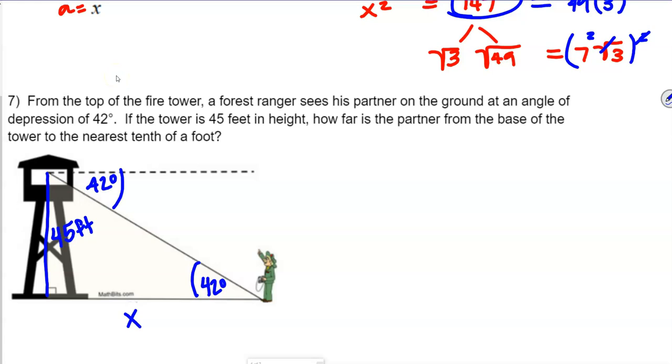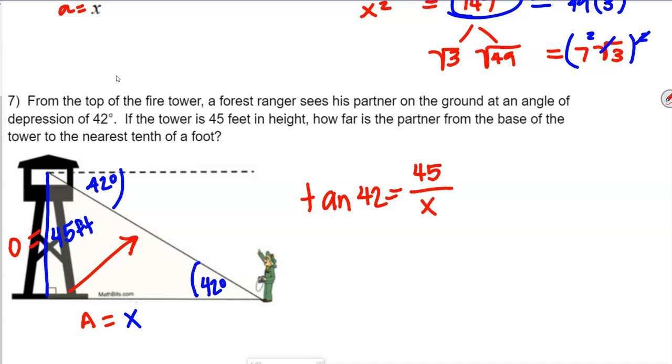Okay. So once again, we're going to label these sides. We don't have the hypotenuse, right? Because that's our hypotenuse, right? So this would be opposite the 42 degree angle. This is adjacent to the 42 degree angle, right? So what ratio uses opposite and adjacent? Tangent, right? Tangent of 42 is equal to our opposite, which was 45, and our adjacent, which was x.